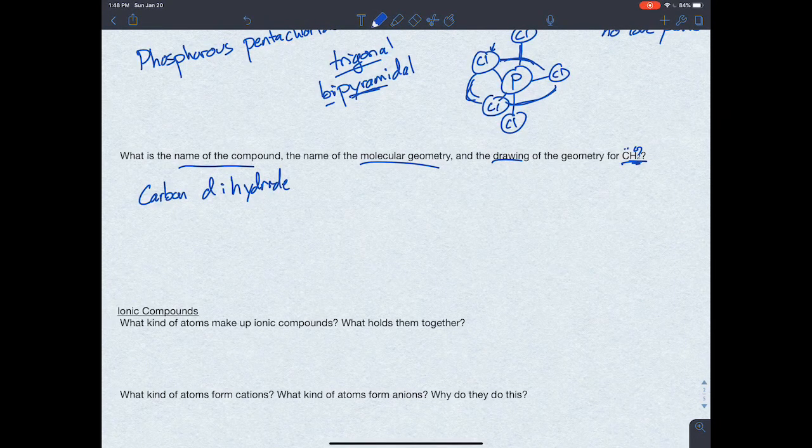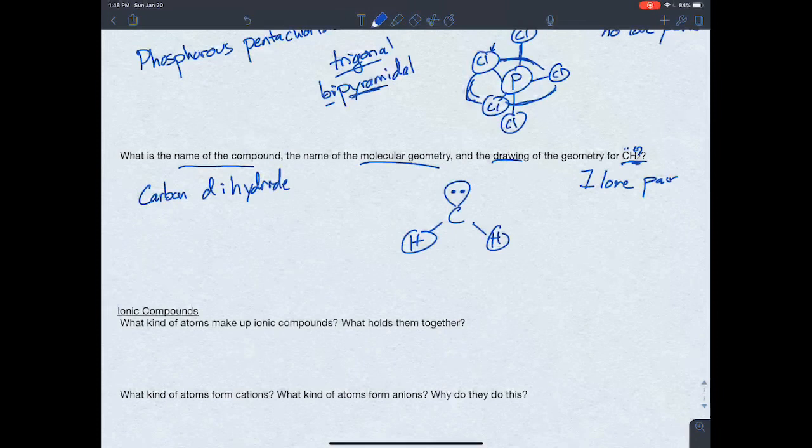So you do have a lone pair. 1 lone pair in this example, okay? So here's our carbon. It's gonna have a lone pair, so we'll just put that up here. And it's gonna be connected to a hydrogen from each of its remaining valence electrons. Okay, so this is what it's gonna look like. All right, so guess what geometry this is gonna be? Bent.